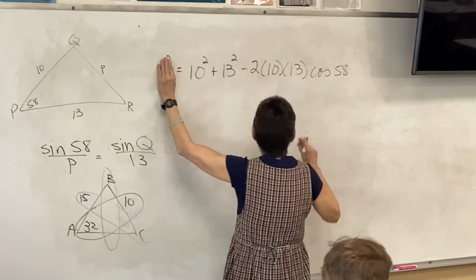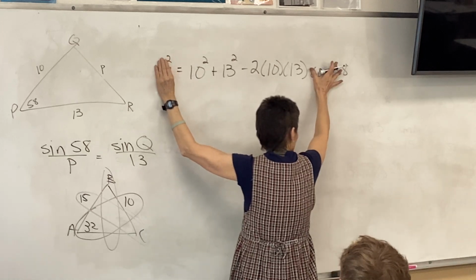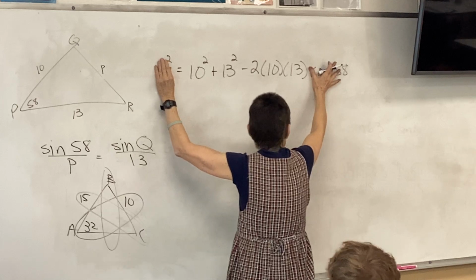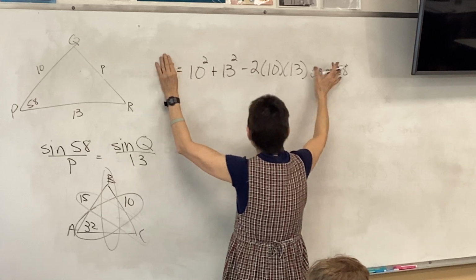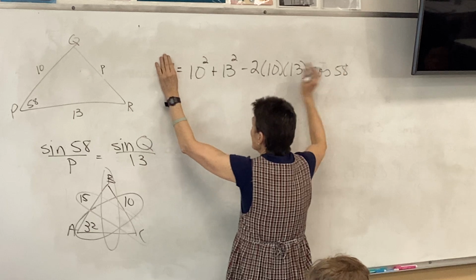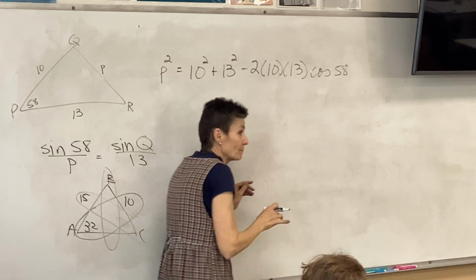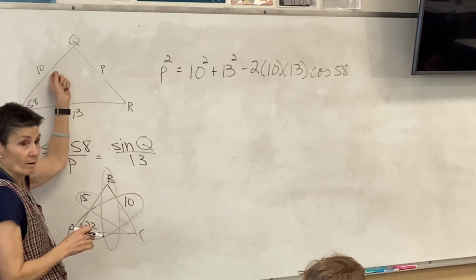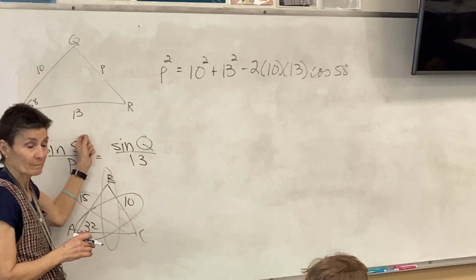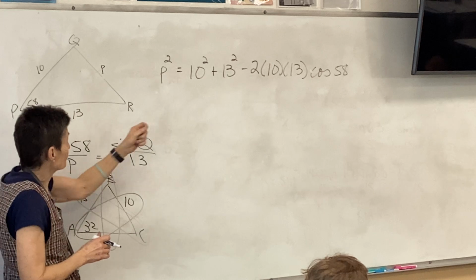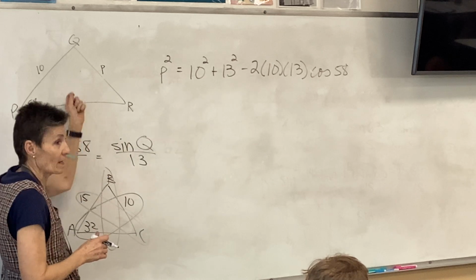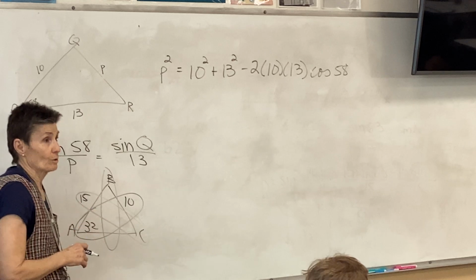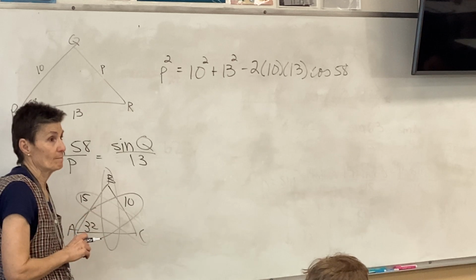So I got a P here and a P here. Now what do I have in between? My P on this end and my cosine P on this end. What's all this stuff? It's the other two sides. So I square them and add them up. And then I subtract 2 times each of them. And that's how the formula works. We'll practice again, don't worry.